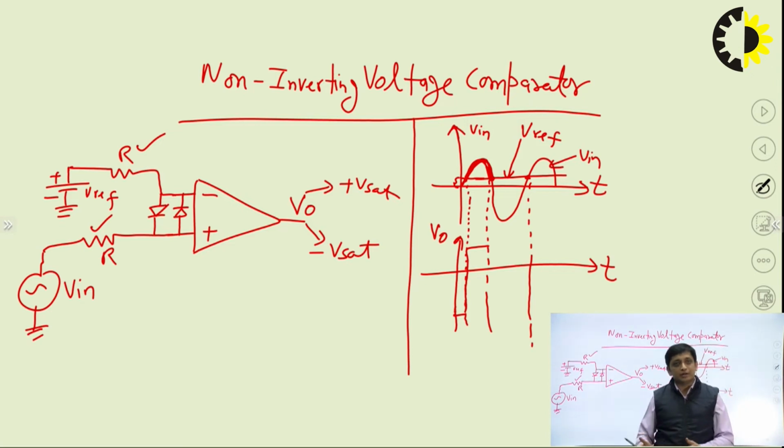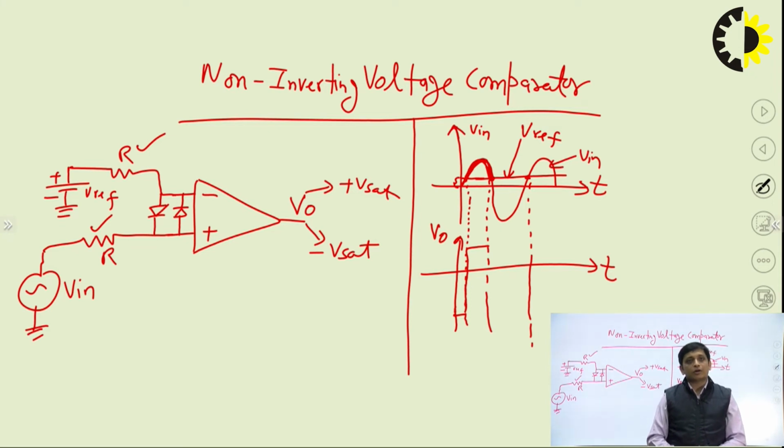Again, in the inverting voltage comparator, there can be two cases. The first case is when the reference voltage V reference, that is the DC voltage, is positive, and the second case is when V reference is negative. Fine. So you can draw the graph of the output, which will again be a pulse waveform for the inverting voltage comparator.